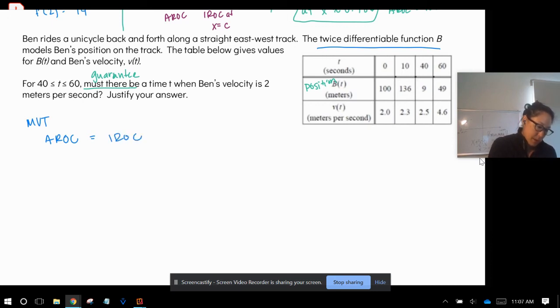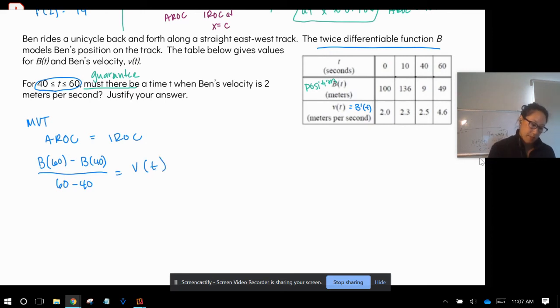So for the interval 40 to 60, I want to find the average rate of change. So I'm going to do the position, b of 60, minus his other position, b of 40, all over the difference in time, 60 minus 40, right? And that is going to equal b prime, which is also v of t.